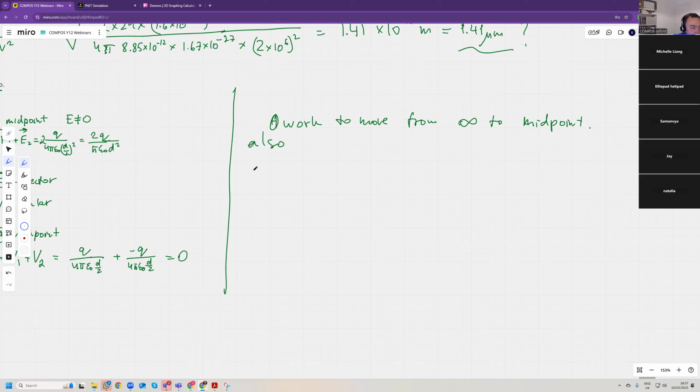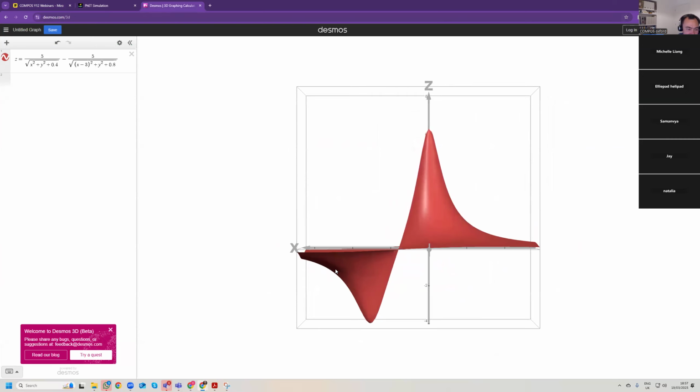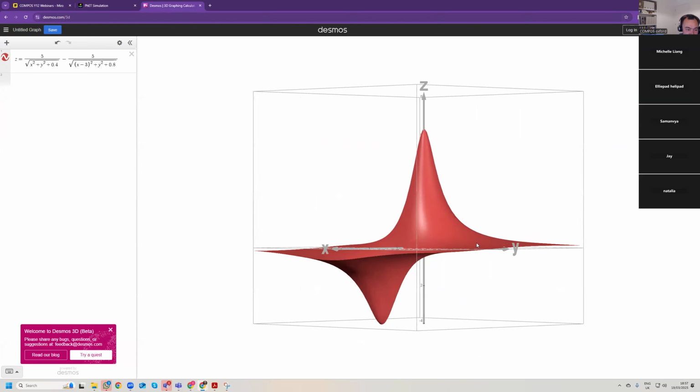Also, 0 gain in kinetic energy as it moves from the midpoint to infinity. It makes sense: the potential is exactly zero at the midpoint. That means if you release a charge from that point, when you reach infinity, you have zero speed.